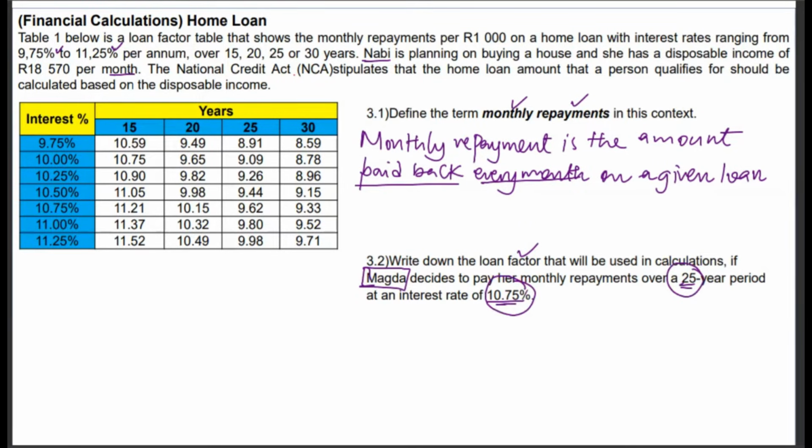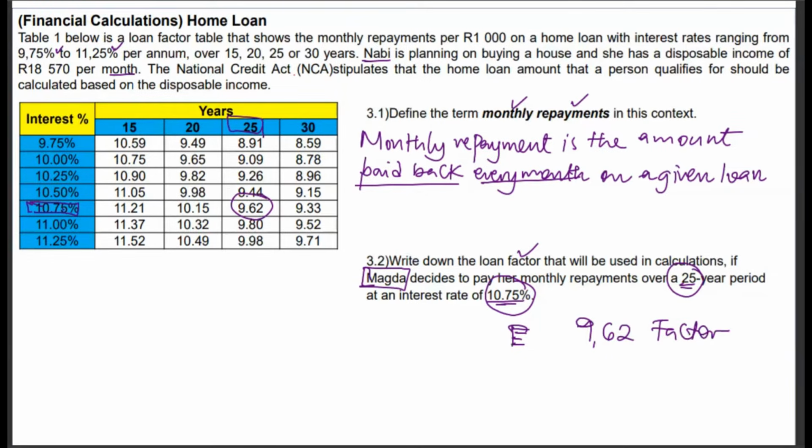So the number of years is 25, then the interest is 10,75. So where do they meet? Where they meet, it's what we write. In this case, the answer is 9,62. This is the factor.